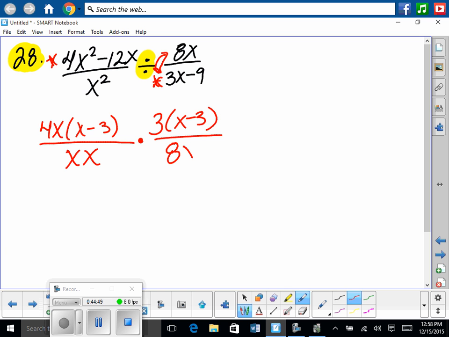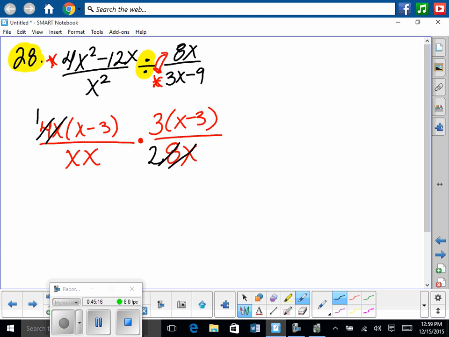We have 8x. Now remember, only things that are being multiplied can be divided out. We have 4x on top. It is being multiplied, 4 times x minus 3. So 4 becomes a 1, and 8 becomes a 2. x and x become 1. And then on top, we have an x minus 3. We don't have an x minus 3 on bottom. We have a 3 on top, nothing on bottom. We have an x minus 3 on top, nothing on bottom.